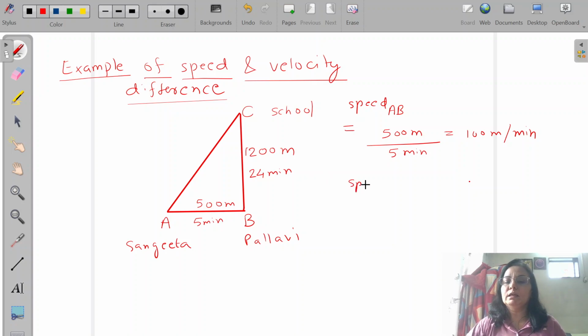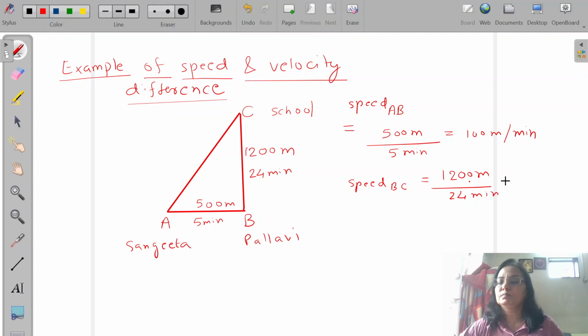What is the speed of Sangeeta when she goes from Pallavi's home to school? Speed BC is how much? Total distance travelled, which is 1200 meter, upon time taken, which is 24 minutes. This comes out to be 50 meter per minute, if you will calculate it. So what is her average speed?